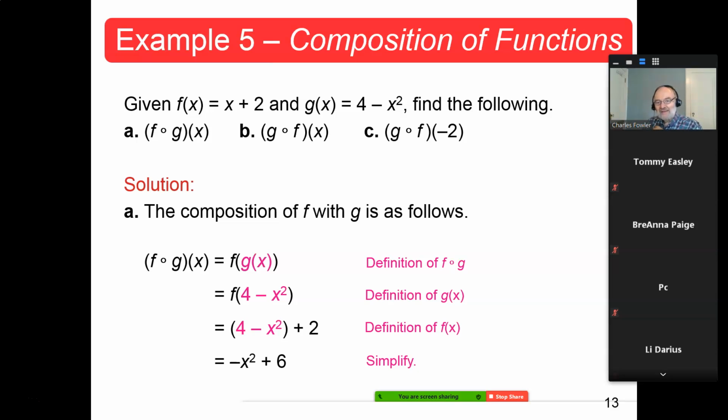Same answer. Now, if you were doing WebAssign and you put 6 minus x squared and they wanted to see minus x squared plus 6, they would tell you that's a wrong answer. It's not a wrong answer. It's just in a different form. Okay? That's one of my pet peeves with WebAssign.